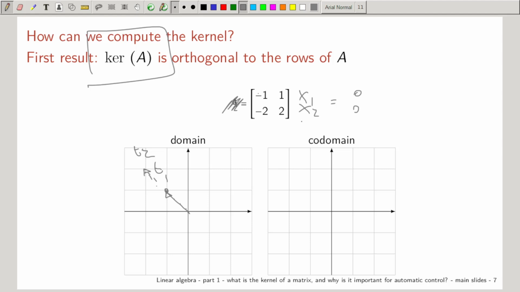Now, which vectors in the domain are going to be orthogonal to both of those ones? Well, this one, is it going to be orthogonal? No. This one, sorry, is it going to be orthogonal? Yes. If I take the inner product of this, I get 0, and the inner product of this, I get 0. Do you see it?